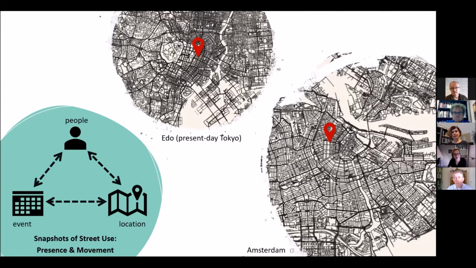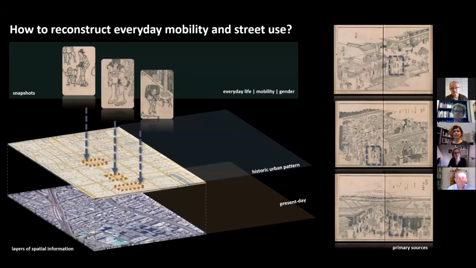What we do is collecting snapshots of the street use and put those on the map. And these snapshots consist of an event, location, and a person. In the project, we systematically capture movement and street use within the perspective of space. So we analyze what activities happen where and in what space in order to reconstruct everyday mobility and the street use.